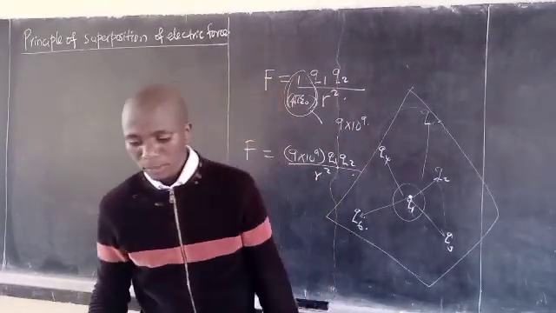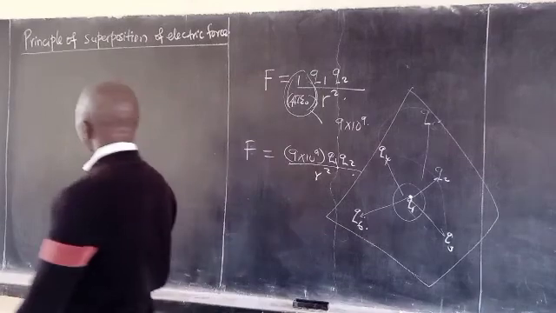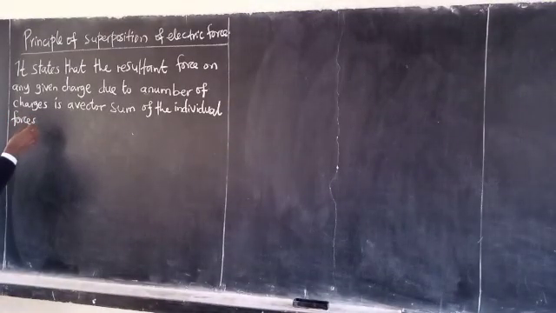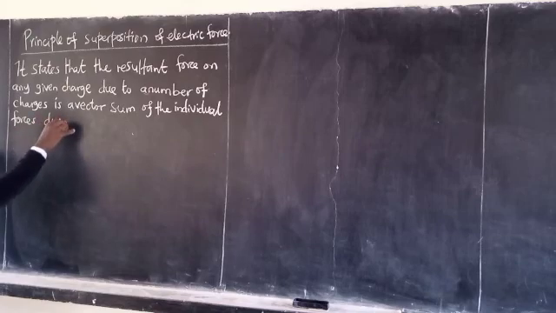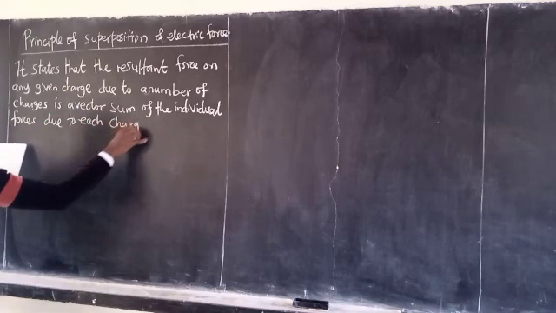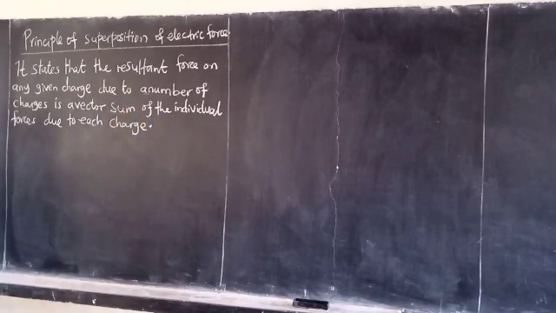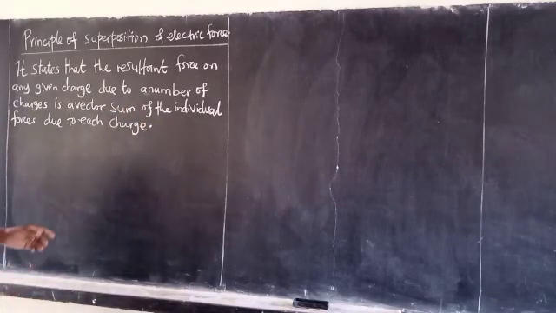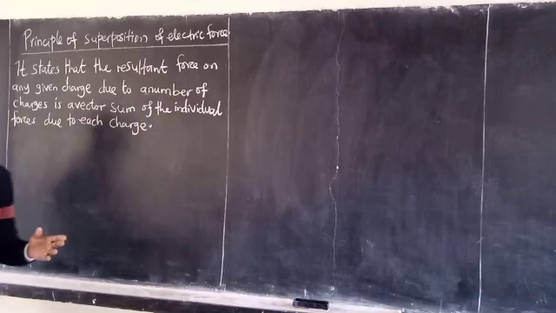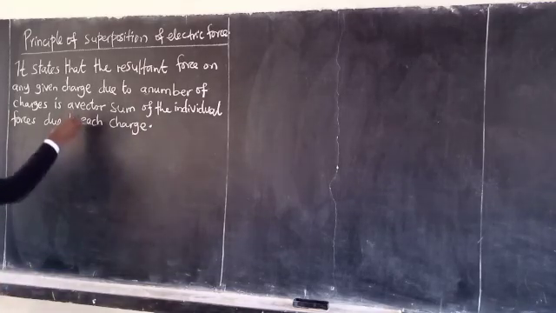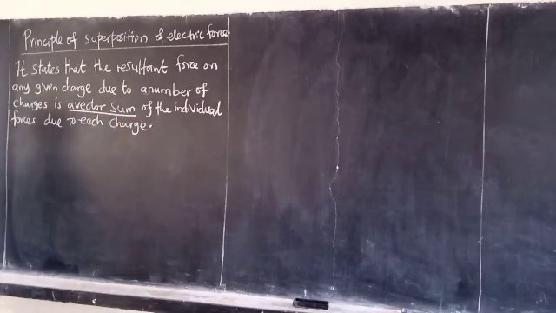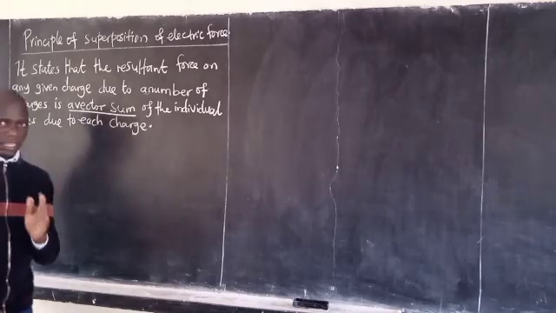We can take a note. Yes, the resultant force on any given charge due to a number of charges is a vector sum of the individual forces due to each charge.